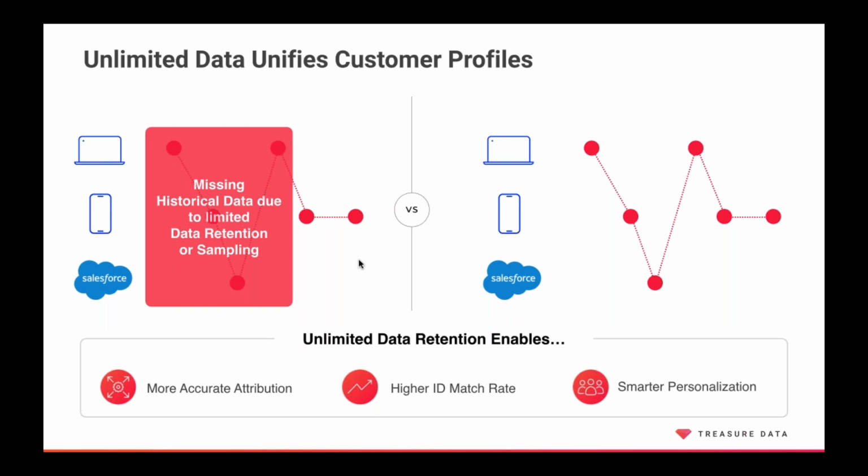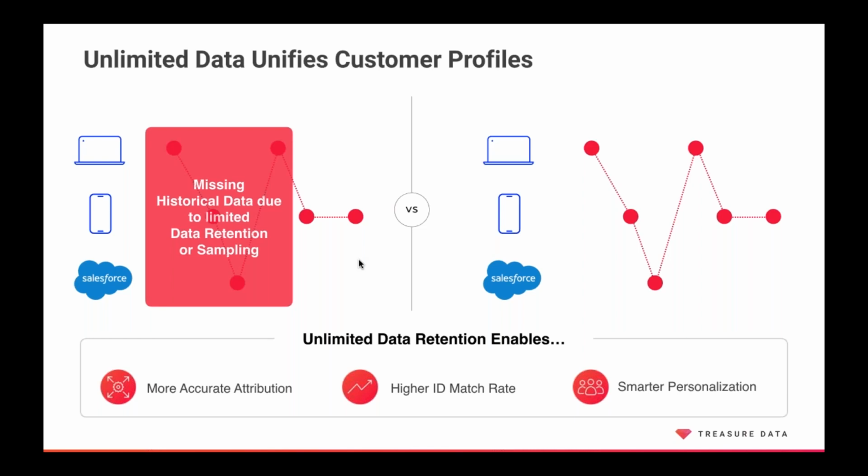We provide the ability for accurate attribution, for example, because you now have access to granular information on the platform in addition to all historical information. There is no limit on the amount of historical information you can keep. It could be the past couple of months, the past 2 years, or 5 years. Because we are a big data platform, we can retain a lot of historical information in one place.